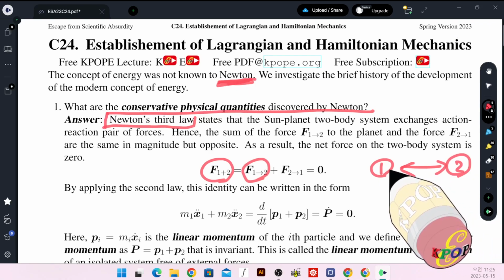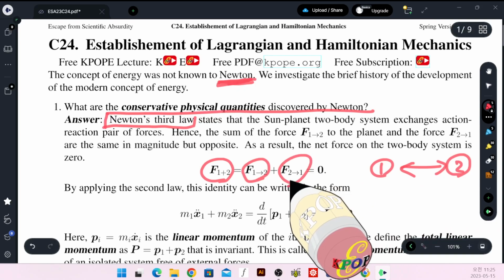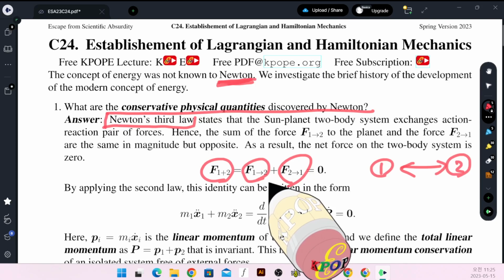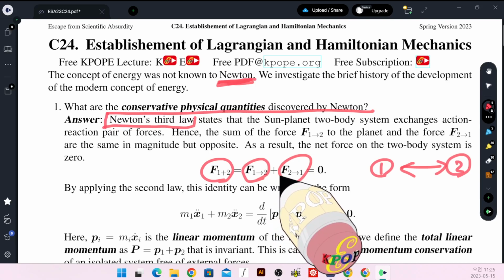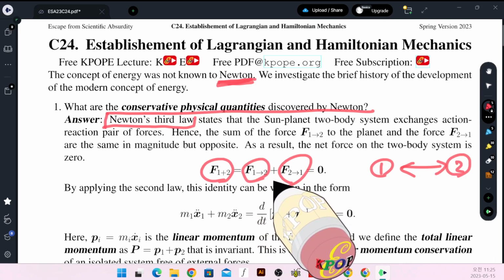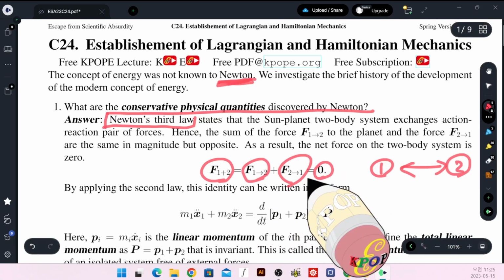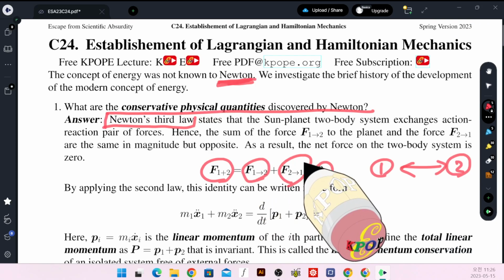So 1 applies a force to 2 and 2 applies a force to 1, and their forces are equal in magnitude, but directions are opposite to each other. Therefore, the algebraic sum of the two forces is identical to 0. So they are mutually additive inverses.